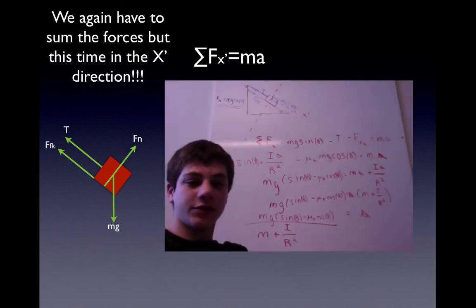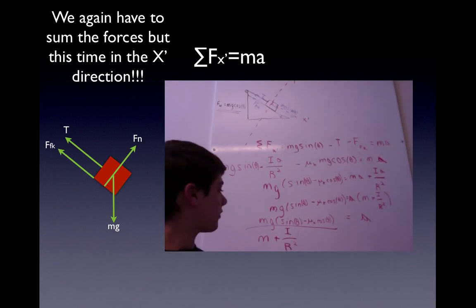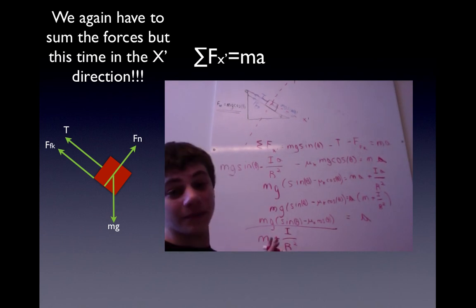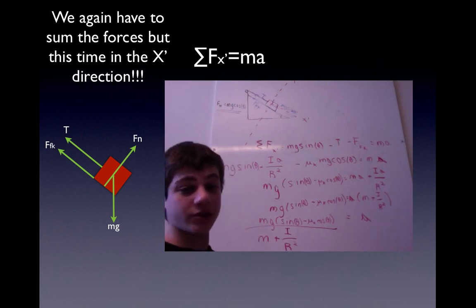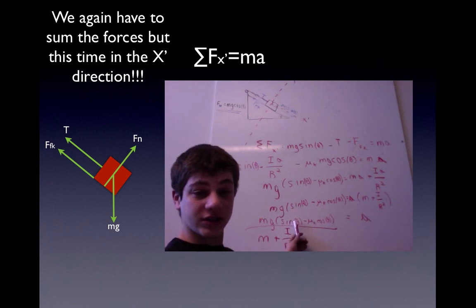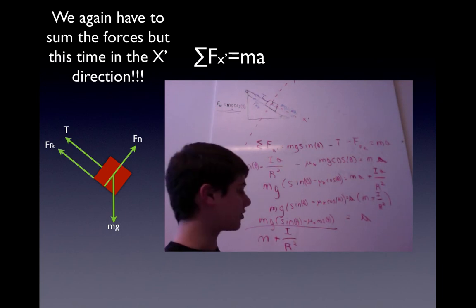Tilt that video just so you can see it. So what we're left with is our simplified, if you want to call it simplified, solution for a in terms of the variables: mg times sine theta minus mu k cosine theta, all over m plus I over R squared.